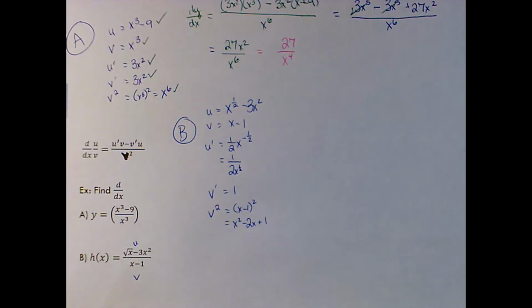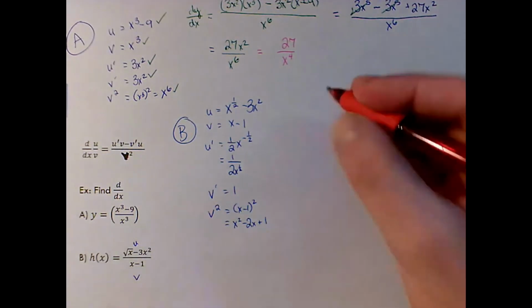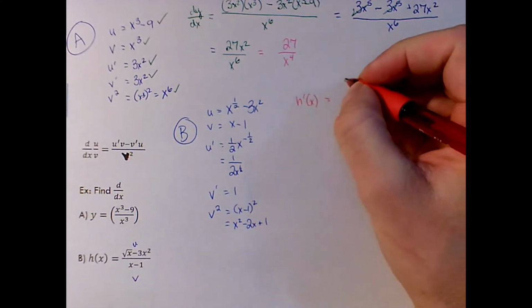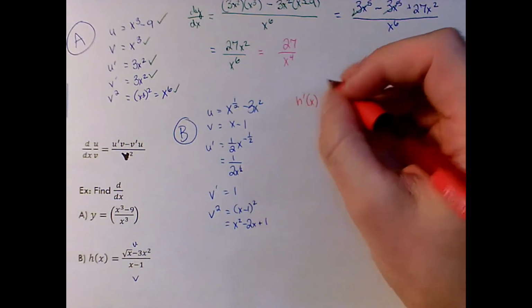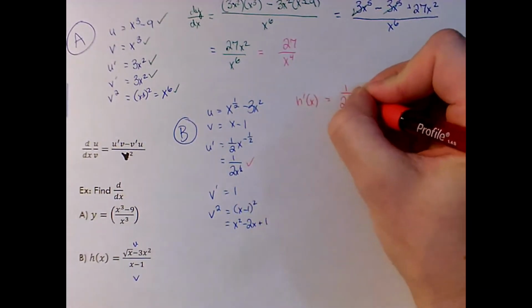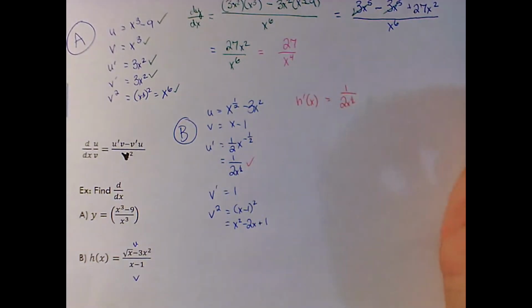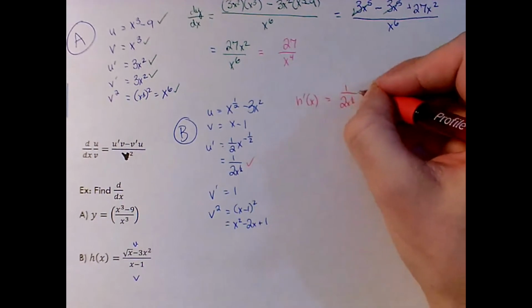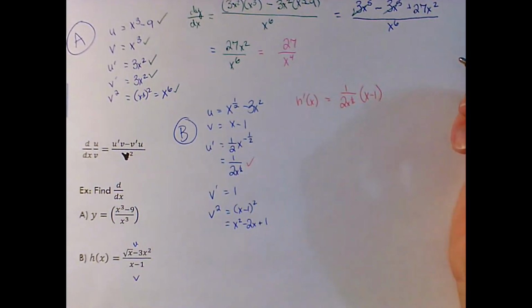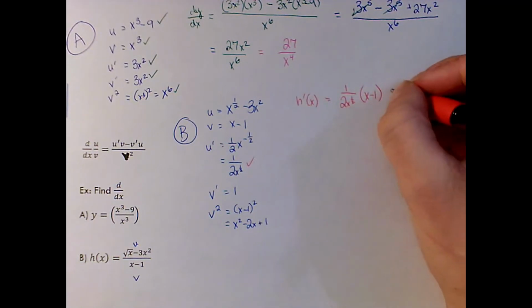So there you have it. That's h prime of x is going to equal u prime v. So u prime was 1 over 2x to the 1/2 times v, minus v prime u.